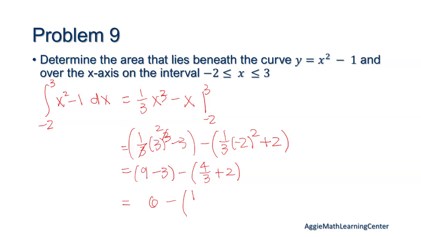I feel like I might have done something wrong. Okay, so 6 minus 10/3, so 4/3 plus 6/3. And then I'll just convert the 6 into thirds as well. So that will be 18/3 minus 10/3 equals 8/3.